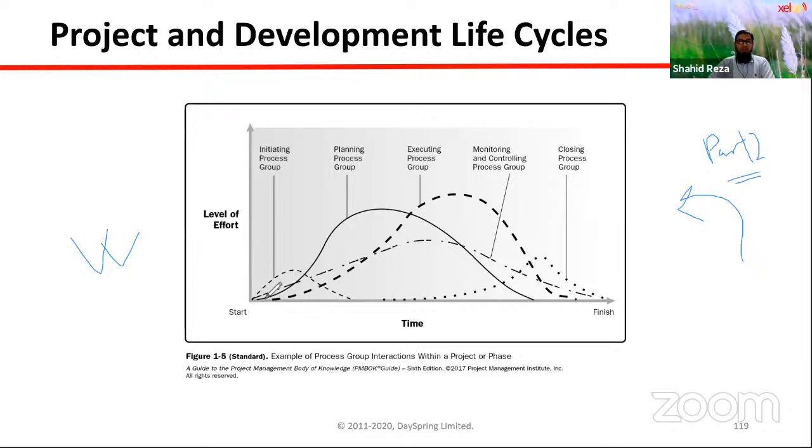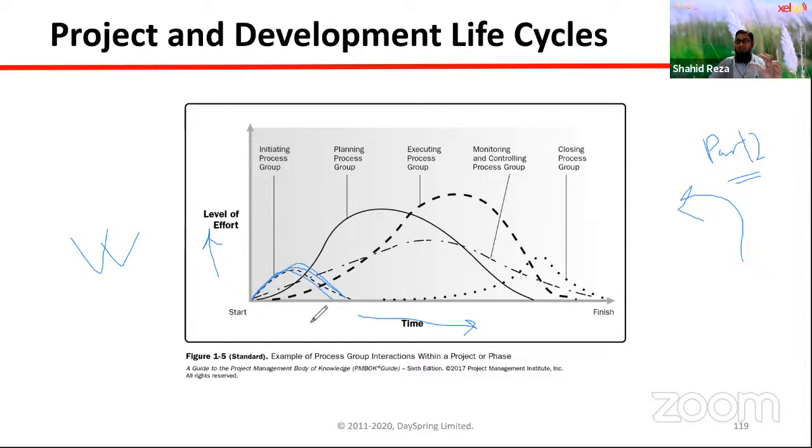Okay. What is this figure actually talking about? This is the project time, and this is the level of effort, and these are the 5 process groups. This is the initiating process group. This much level of effort we put in the initiation process group.